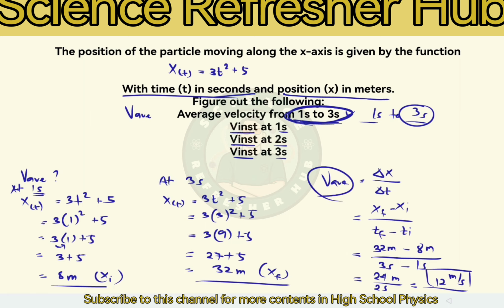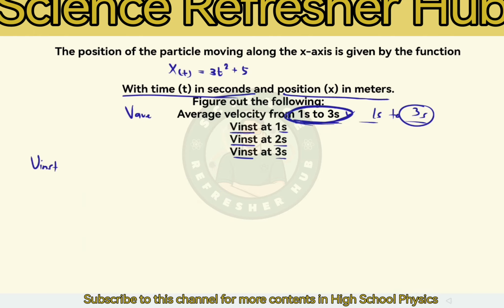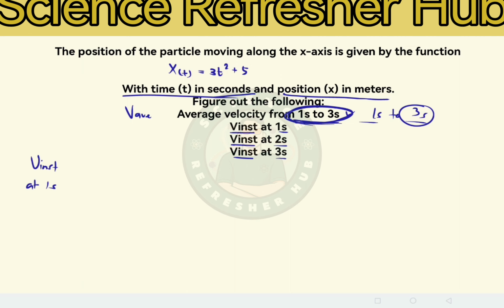That's the average velocity. Let's get the instantaneous velocity at 1 second. Remember, our instantaneous velocity is the first derivative of our position function. Our position function, x of t, is equal to 3t squared plus 5.